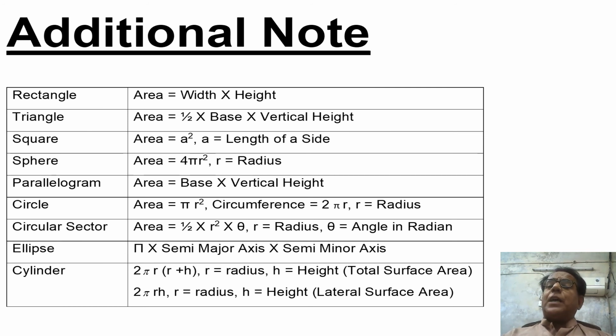This is the formula for the area of lateral surface area of cylinder. While calculating the area of cylinder, we have two different formulas. One for lateral case and the other for total surface area. Now we move to next.